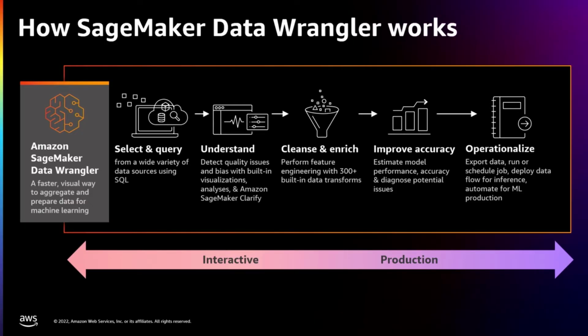Finally, you can operationalize with the ability to export data and automate with scheduling jobs and SageMaker Pipelines. So the key takeaway from this picture is that it is a multi-step process that Data Wrangler enables you to complete and iterate in whole or in part as you need to prepare high-quality data to train a high-quality machine learning model.